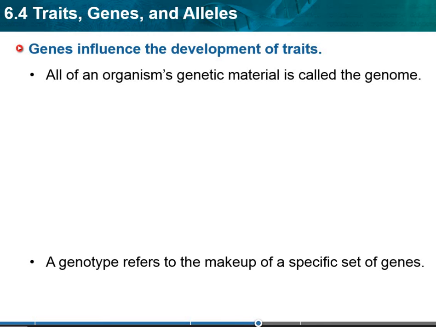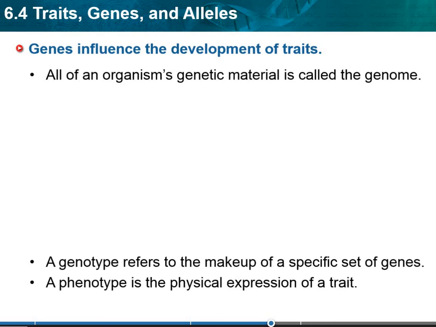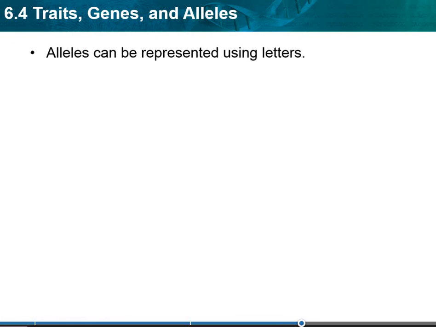So if the plant was tall, was it homozygous tall or was it heterozygous tall? A phenotype is the actual physical expression of a trait. So what you actually see in the organism is the phenotype.